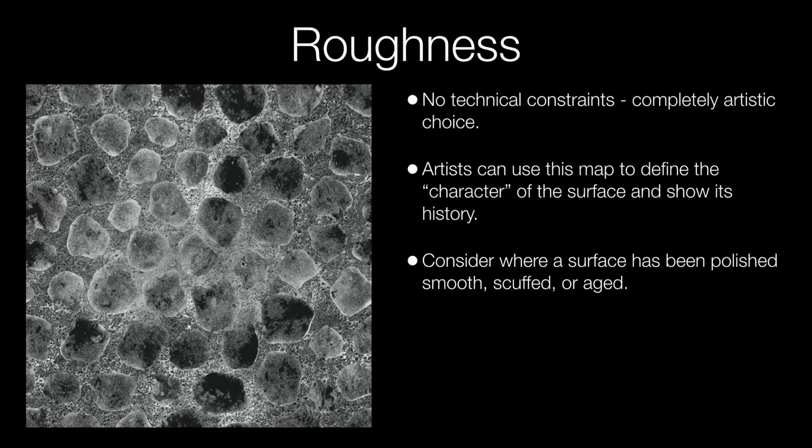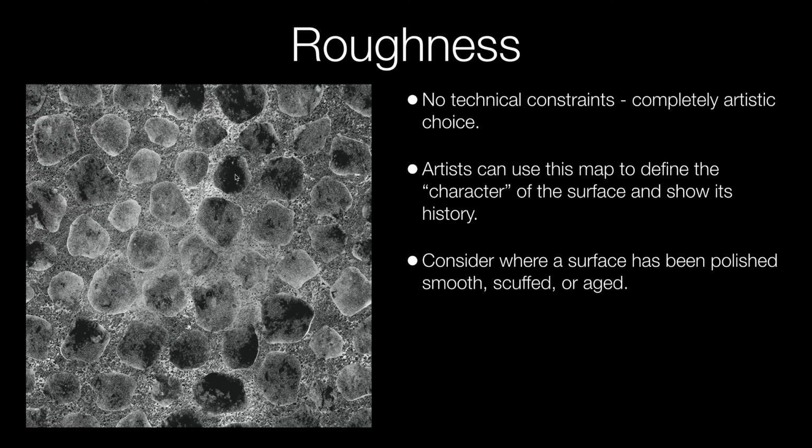And roughness is basically defining the character of the surface. So if you know, for example, that certain surfaces are higher than others and therefore they're exposed to more polishing and wear, then you can make them a darker roughness value.